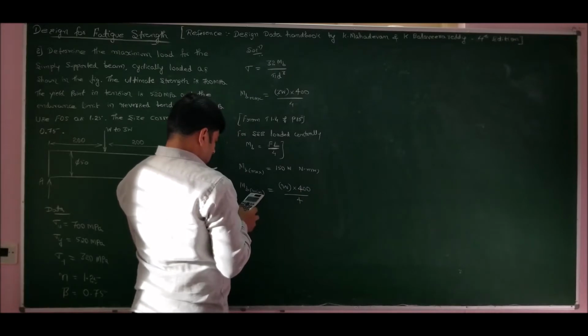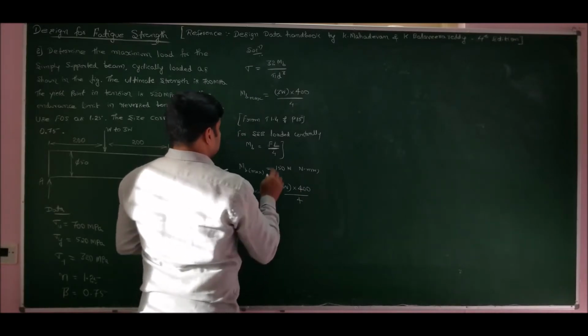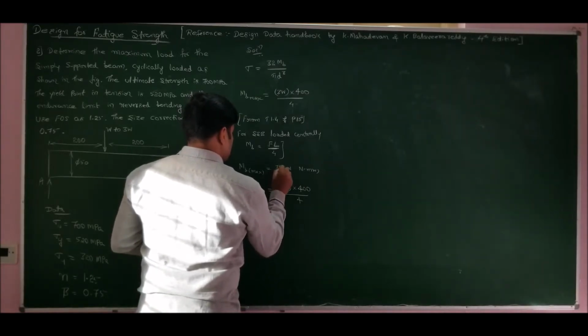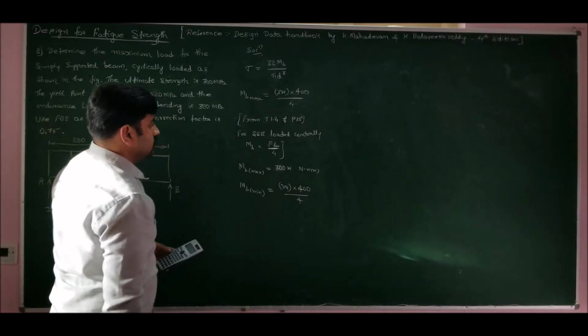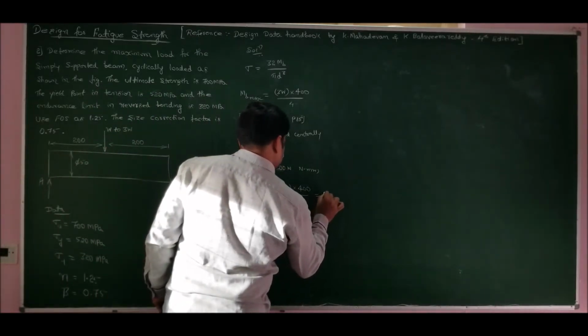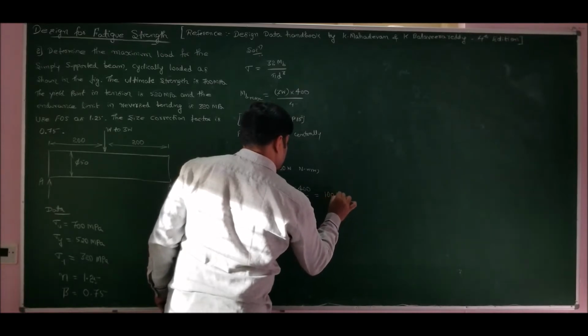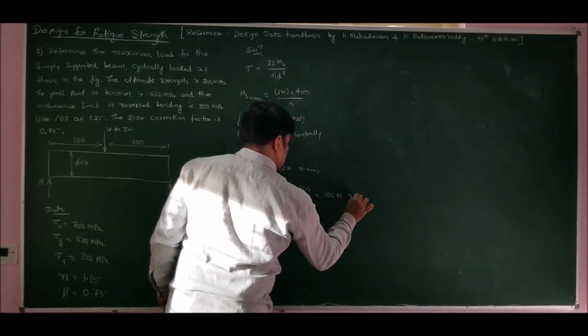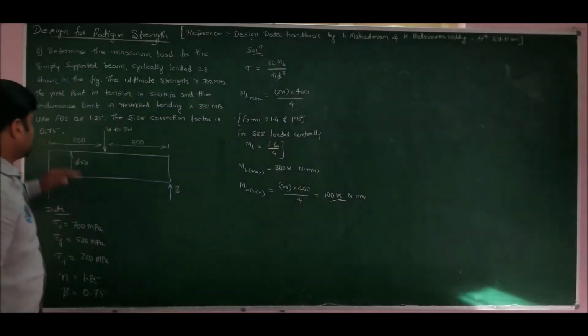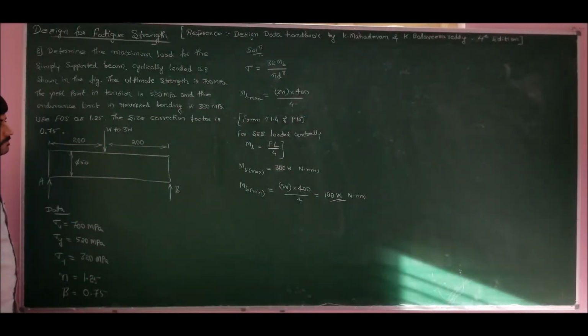So 3 into 100 is 300, and this will be twice, so 300 W. So this will become 100 W. So this is equal to 100 W newton meters. In order to confuse us, he has given L by 2, L by 2 on either side.